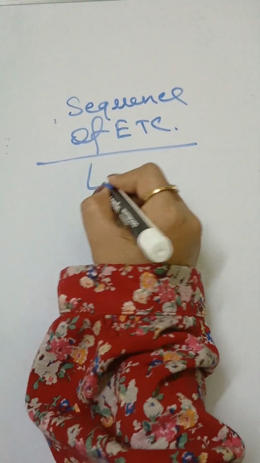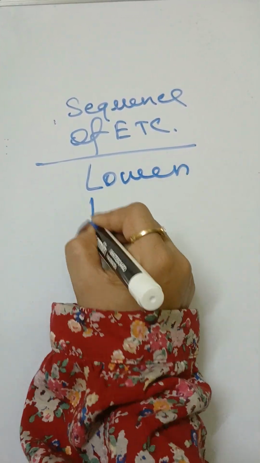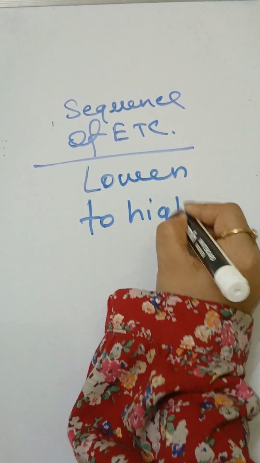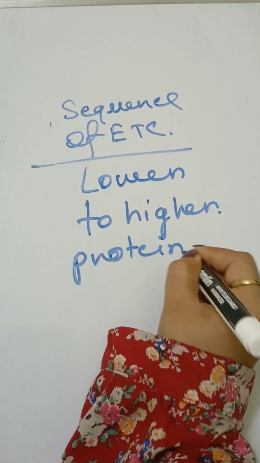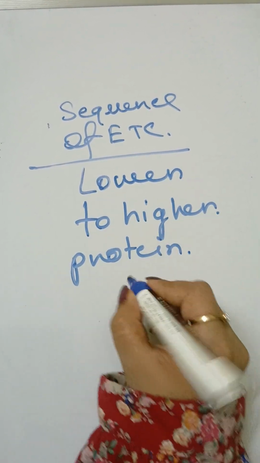So electrons always pass from lower to higher protein complexes, meaning the 4 protein complexes I have already mentioned here.